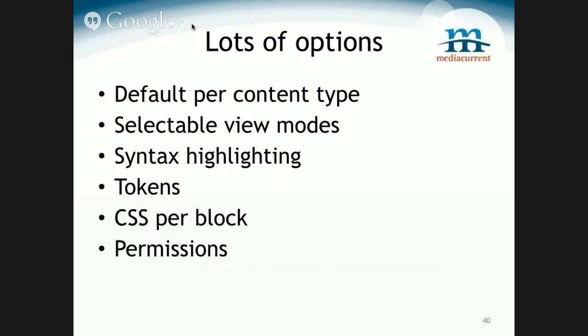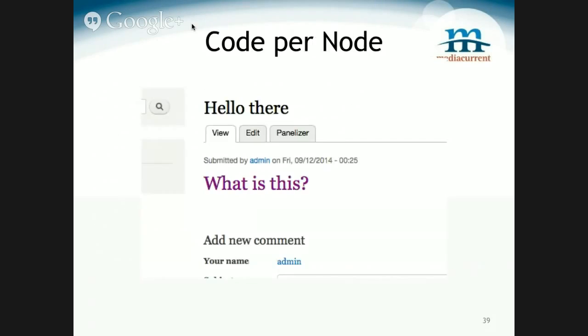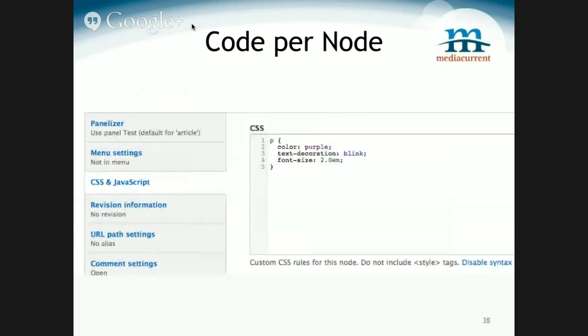There's also support for tokens. Where this can be useful is you could have a token in here. You could have, say, in your CSS, a background setting that pulls in a different image depending on the content type.